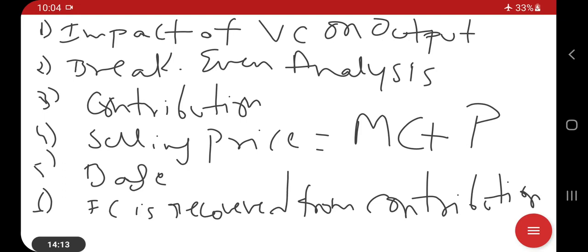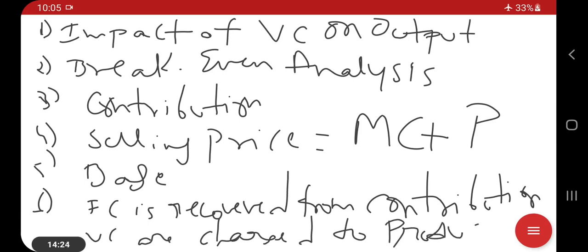And the variable costs are charged to production. The costs are classified on the basis of fixed and variable costs only. Semi-fixed costs are also converted either into fixed cost or variable costs.